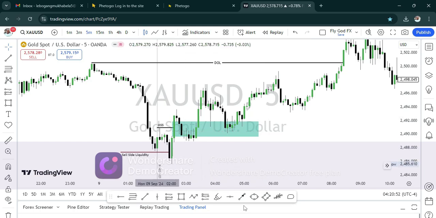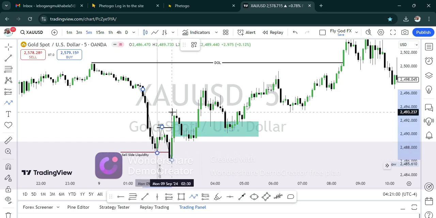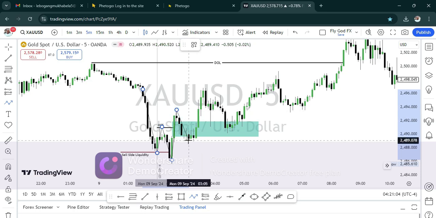We can see price came down, it went up, it came down, it gave us a shift in market structure. Some will enter here, I would enter here, but usually I don't want price to take the fair value gap like this.